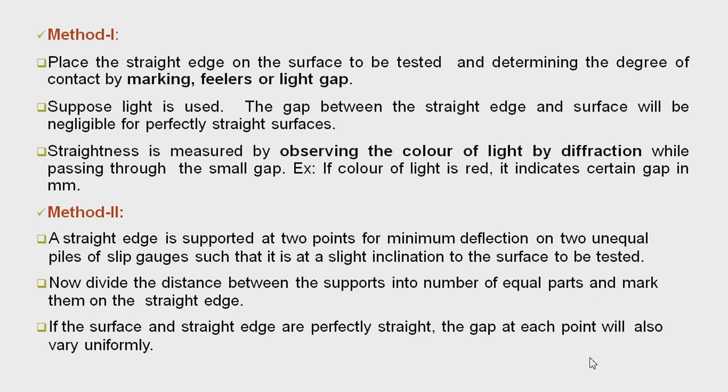It is measured by observing the color of light by diffraction while passing through the small gap between the straight edge and the surface. If the color of light is red, it indicates a certain gap in millimeters. Similarly, if the color is violet, then the gap will be less.